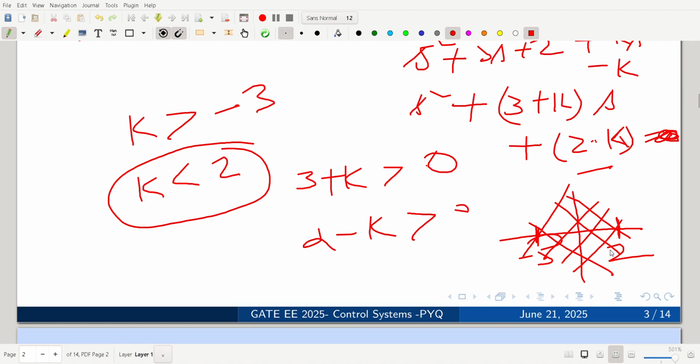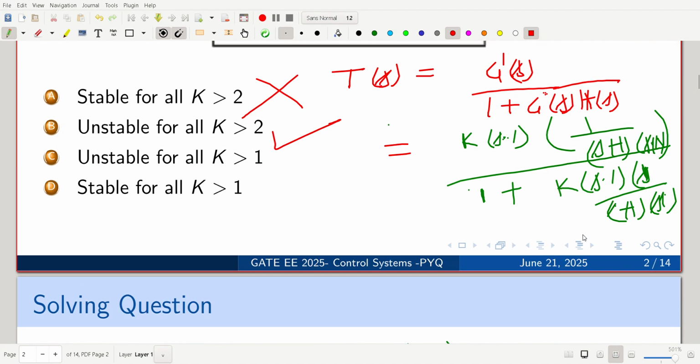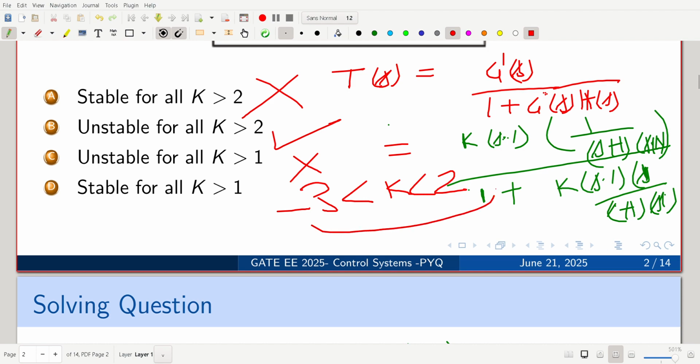In this range we can find the stable system. Okay, so this is also not, sorry, this is unstable, right? Here they are saying unstable, but we solved and got stable. Okay, minus 3 to 2.